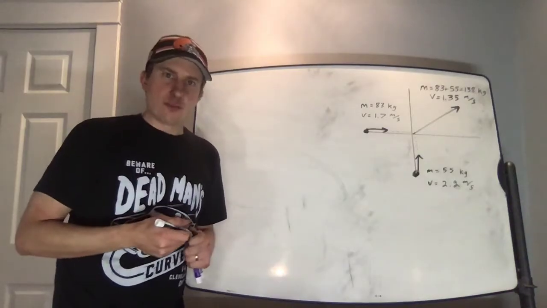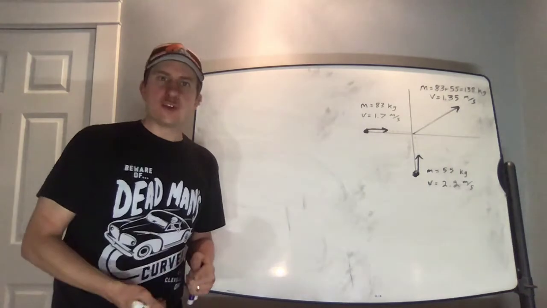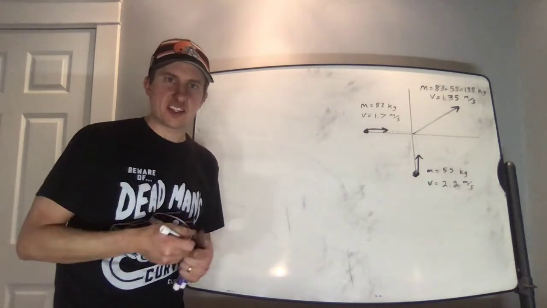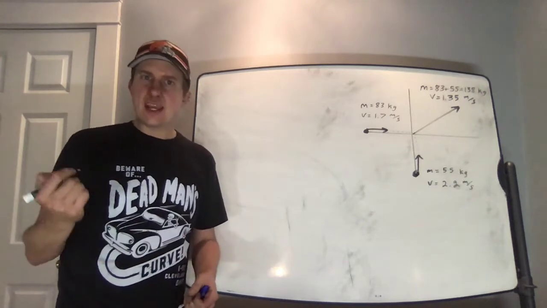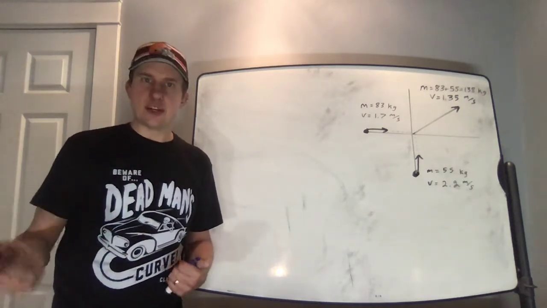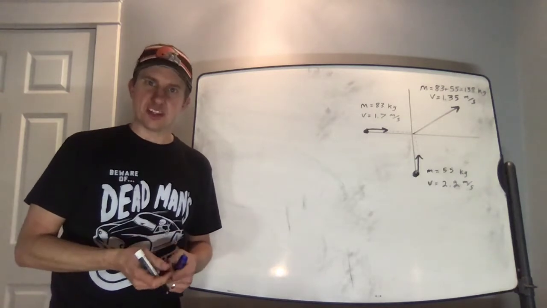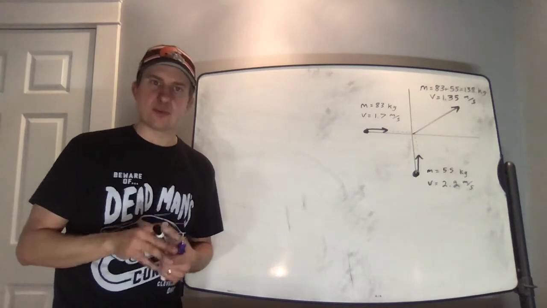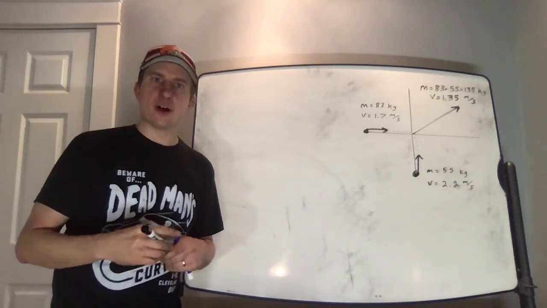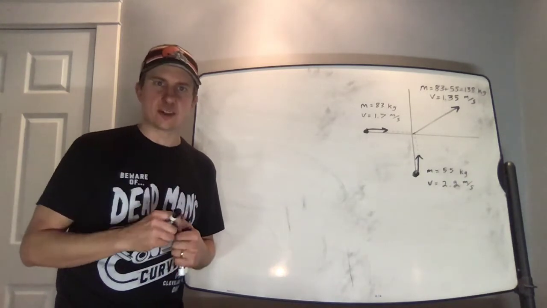In the next part of the problem, we are asked to find what percentage of the kinetic energy of the skaters is lost in the collision. Before we actually go ahead and solve that question, I first want to take a moment to mention, when you encounter a problem like this, be careful about how the problem is phrased. This problem asks you to find the percentage of kinetic energy lost in the collision.